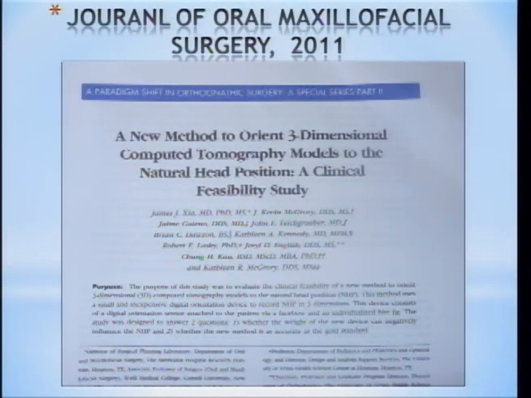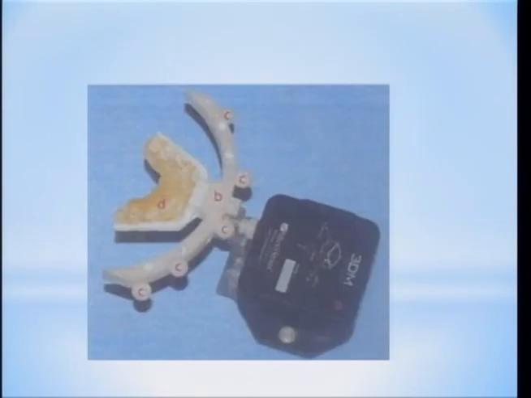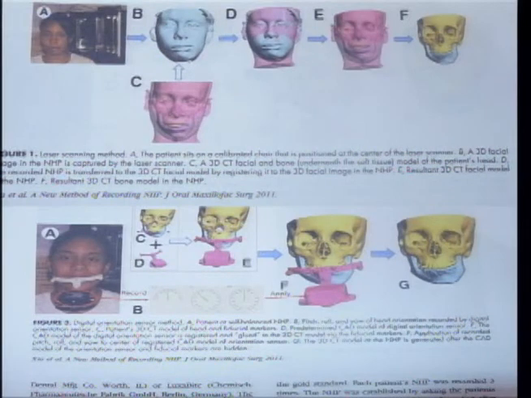I copied this from the article. And what they're using is a three-dimensional sensor with jigs. That's how it looks. It has an occlusal jig. It has a sensor here, and that's a face bow. Just to cut the story short, they scan the face first. When you have severe skeletal deformities, your natural head position is very hard to determine because of the asymmetries.